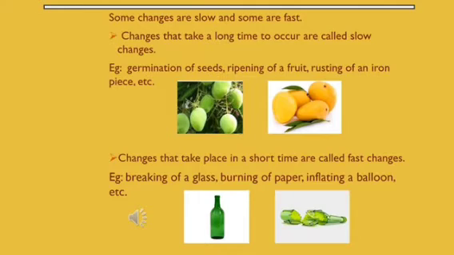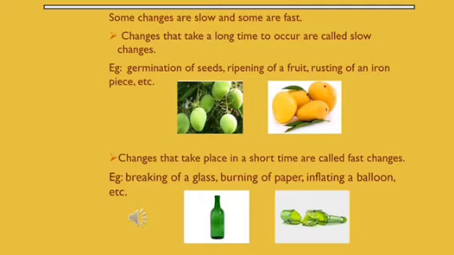Rusting of iron. You would have seen the rusted iron piece. If you keep a piece of iron outside, now that a lot of rain is there, do you think the very next day it starts rusting? No. It will take some time, a few days, only then you can observe the rusting. So this is also a change.